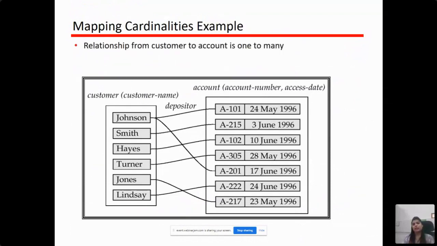One person can have multiple accounts. Definitely, we also have multiple accounts in a bank, so that can be possible. But it cannot be possible that one account is linked to multiple persons, unless it's a joint account or special cases.